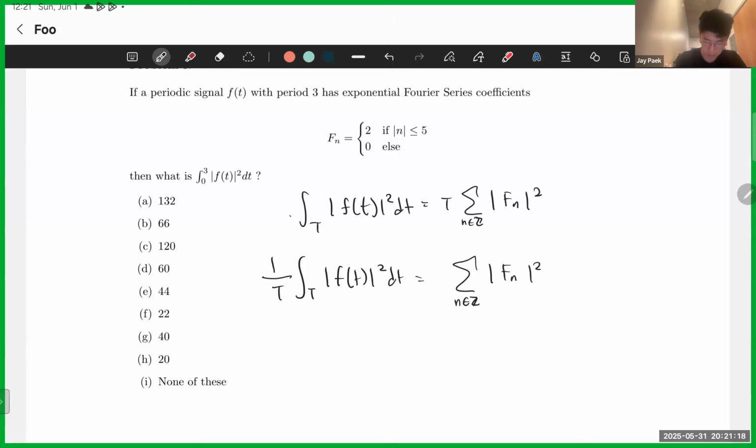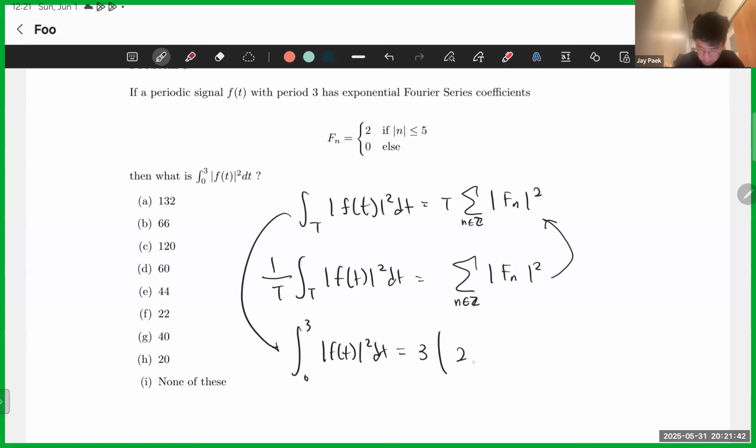And so what we obtain is that the integral from 0 to 3 of the time signal squared is equal to just 3 times the sum of the Fourier series, which is 2 times 2 times 2 times 2, 2 times 2.